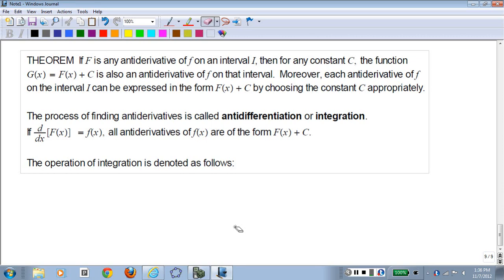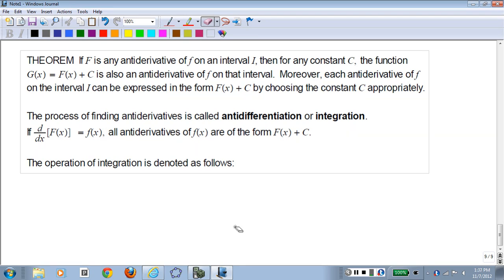And up to a constant, this next theorem tells us that if we can find any antiderivative, then all other antiderivatives must be of the form big F of x plus a constant. So if we find big F, any antiderivative of f on the interval I, then for any constant, g of x equals big F of x plus c is also an antiderivative.